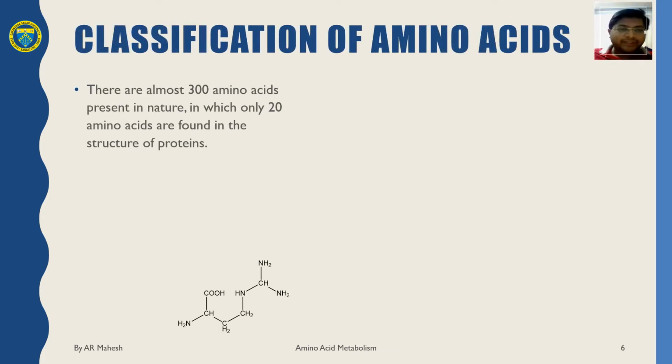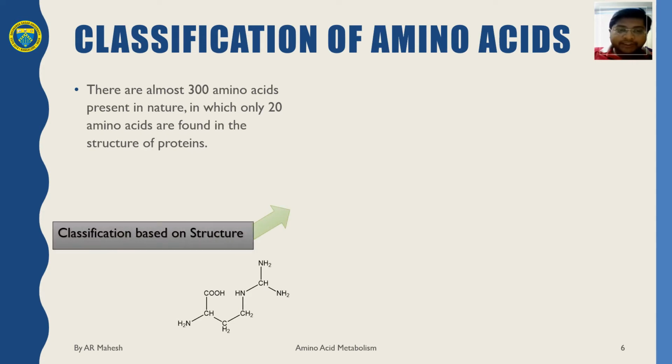There are 300 amino acids present in nature, of which only 20 amino acids are found in the structure of proteins. In this slide, I'll be briefing you about the chemical classification of amino acids.